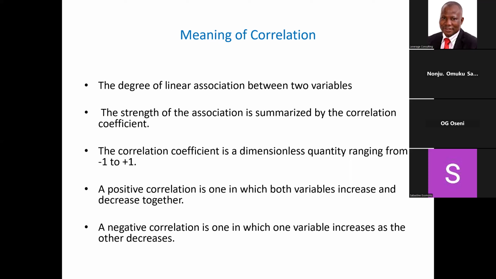If, say, as the number of adverts watched increases, the number of packets bought decreases, it's a correlation also, but a negative correlation. So correlation can be any value from -1 through 0 to +1.